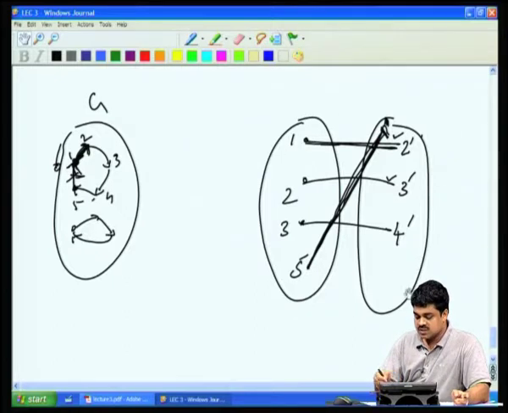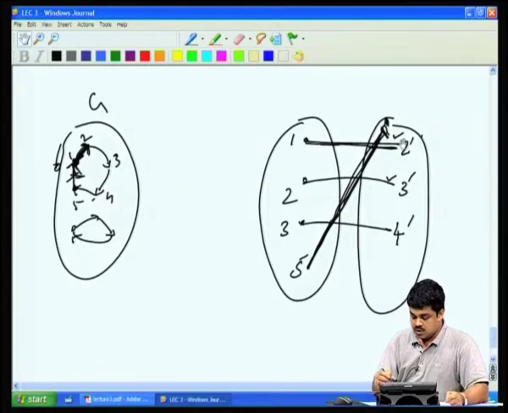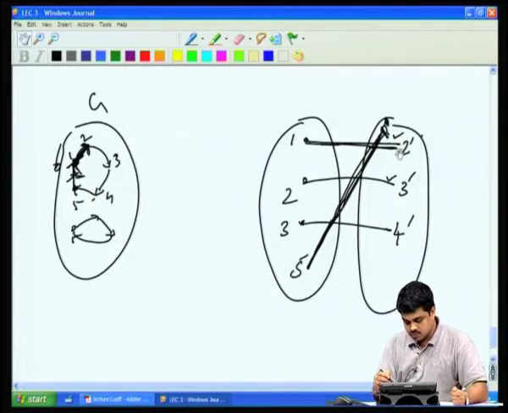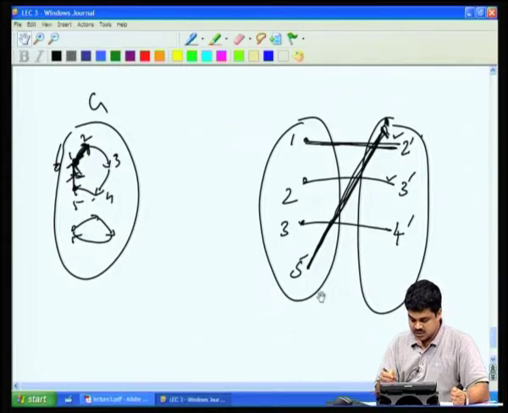So, all the vertices are touched by one of these edges, and therefore we get a perfect matching here. This is a perfect matching because no two edges will be touching each other. Why is it so? Because given any vertex, exactly one edge is touching it, therefore two edges will not be able to touch each other. If they were touching each other, then there would be a vertex which has two edges incident on it, right. So, we see that the cycle cover translates to a perfect matching here.